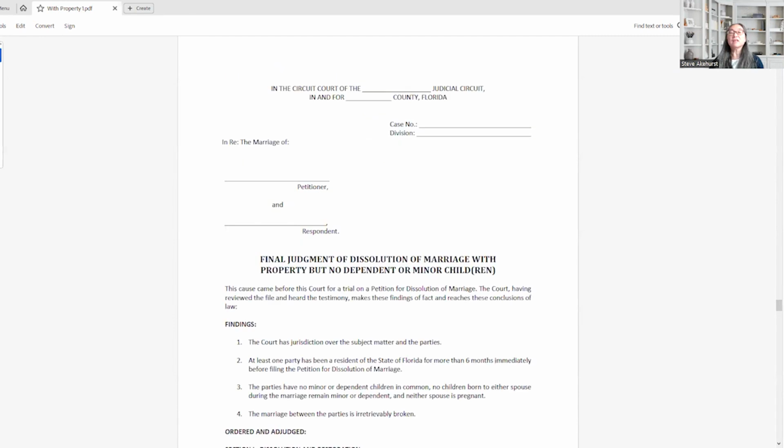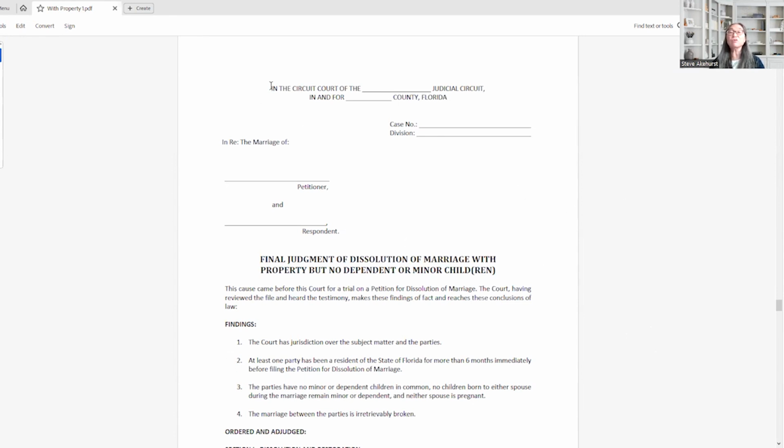Okay? So the next form is the final judgment. This is the actual document that grants you the divorce. So once you go to a hearing, if you agreed and they agree, the court accepted the agreement, if you went to mediation and the court accepted the mediation, or you went to trial and the court said, I divide X, Y, and Z, the court will fill out this form.